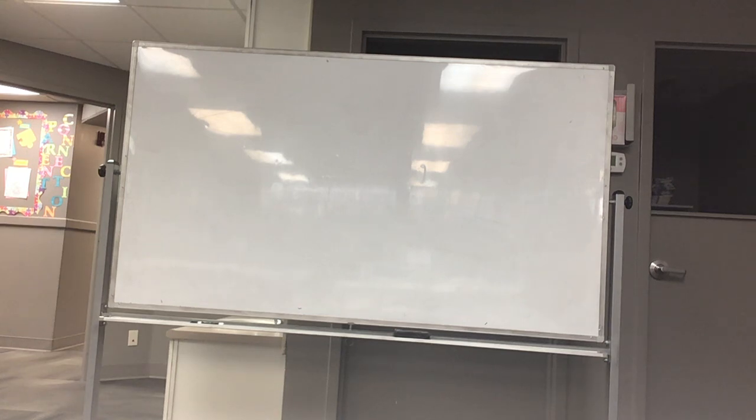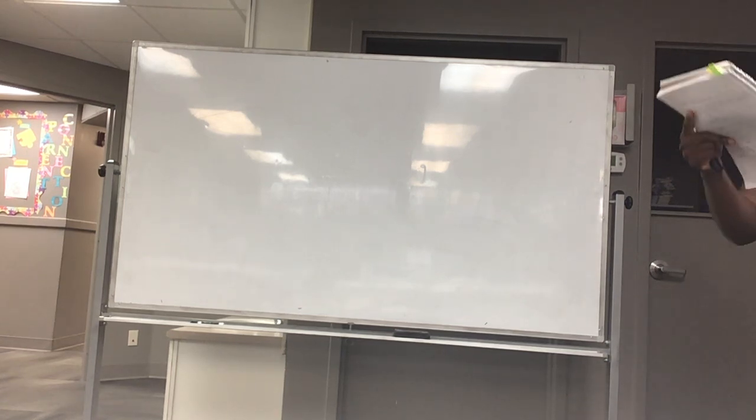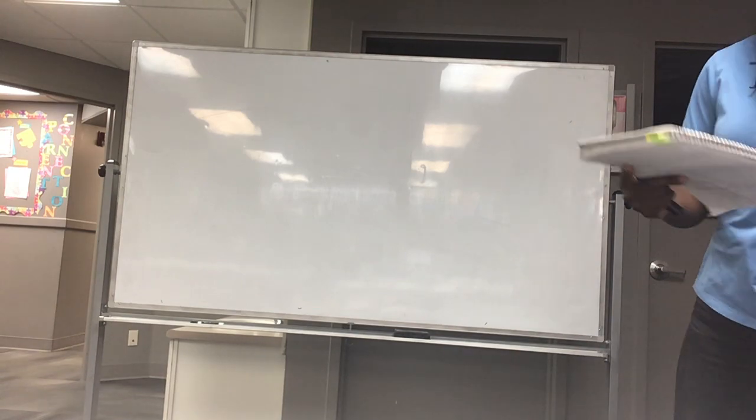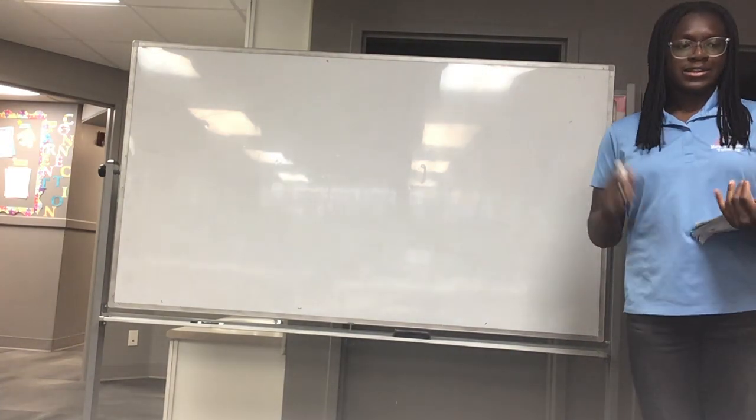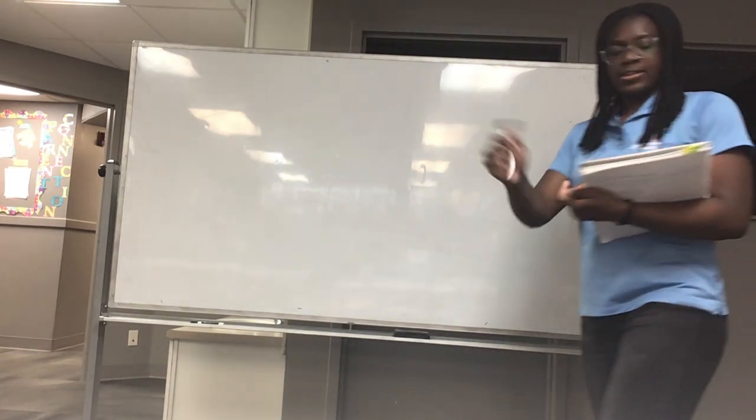Alright, so... Okay, now we're going to be talking about, it's at the bottom of page 1 in your packet, the complementary and supplementary angles, and then a couple of others.